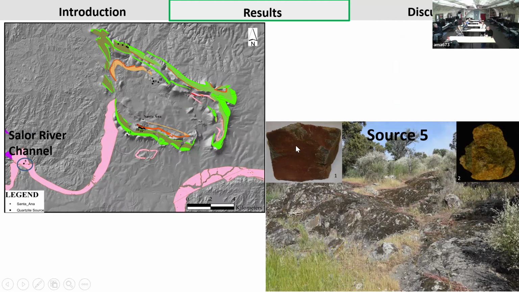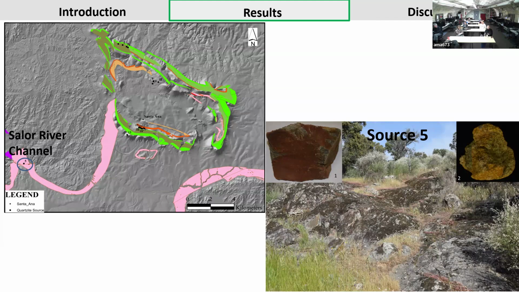This one is the sample that was taken from this outcrop, and this is archaeological material that was found in Santa Ana Cave. Looking at it, you can see that this particular material was from this outcrop.